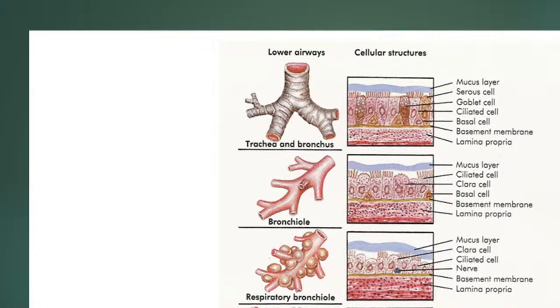Bronchi structure. Bronchi can be divided into different types according to their size and the structure of their wall. First, the trachea divides into two primary bronchi, which enter the lungs at the hilum.